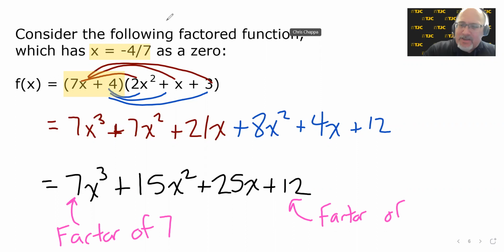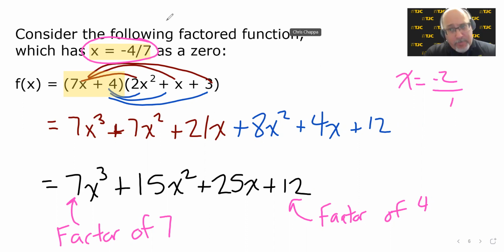So what does all this mean? Well, what all this means is if we have a rational 0, meaning a ratio of integers, and by the way, even something like x equals negative 2 is a rational number because we can put it over a 1. So we can stop saying integer or rational and just say rational, since that includes all the integers.